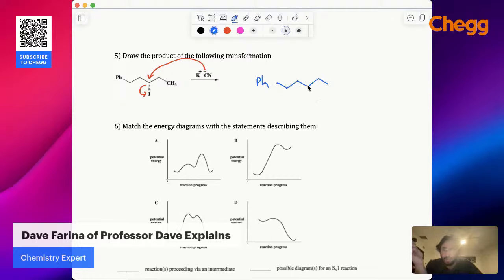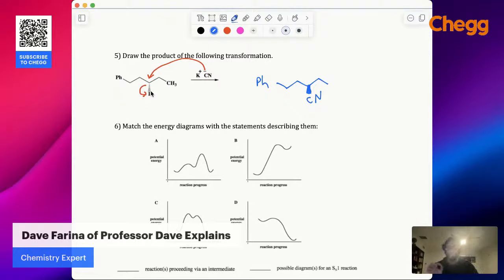And now the thing that we really need to understand is that SN2 will occur with inversion of chirality. The reason for this is that in order for a nucleophile to attack, it has to dump electrons in the lowest unoccupied molecular orbital of the atom that it is attacking, and the lowest unoccupied molecular orbital for that carbon happens to be an antibonding orbital oriented 180 degrees from the carbon leaving group bond.